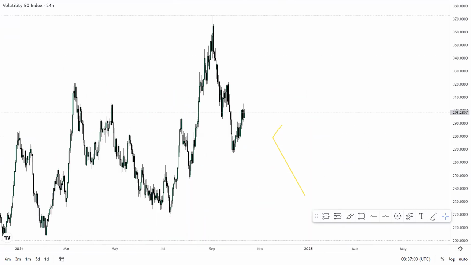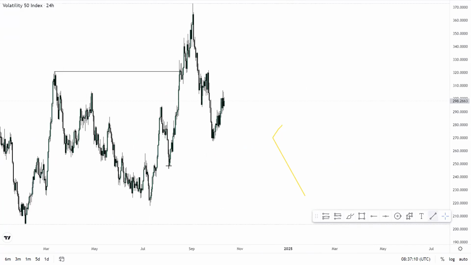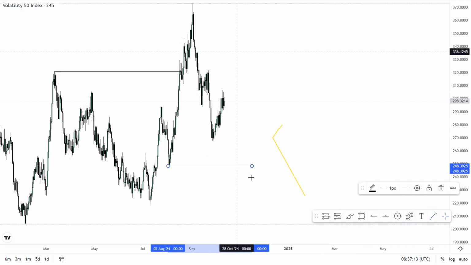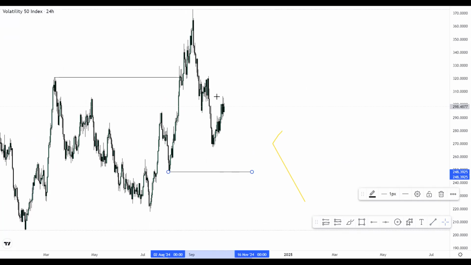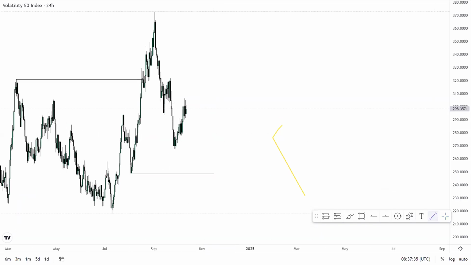On the 24 hours time frame, it is very obvious we had a break of structure to the downside. This is a break of structure to the downside. These are my projected inducements, but because of that distance and momentum, I doubt if the market would come back to that inducement. It is a projected inducement, so let's see what the market will do. We'll still mark it out as an internal break.